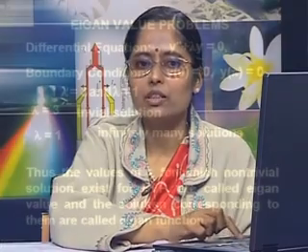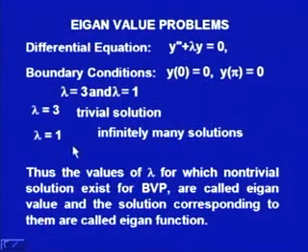Lambda is equal to 1, since a non-trivial solution exists, would be called an eigenvalue, and the corresponding solution, if I remember, was C2 sin x. So that is the corresponding eigenfunction.